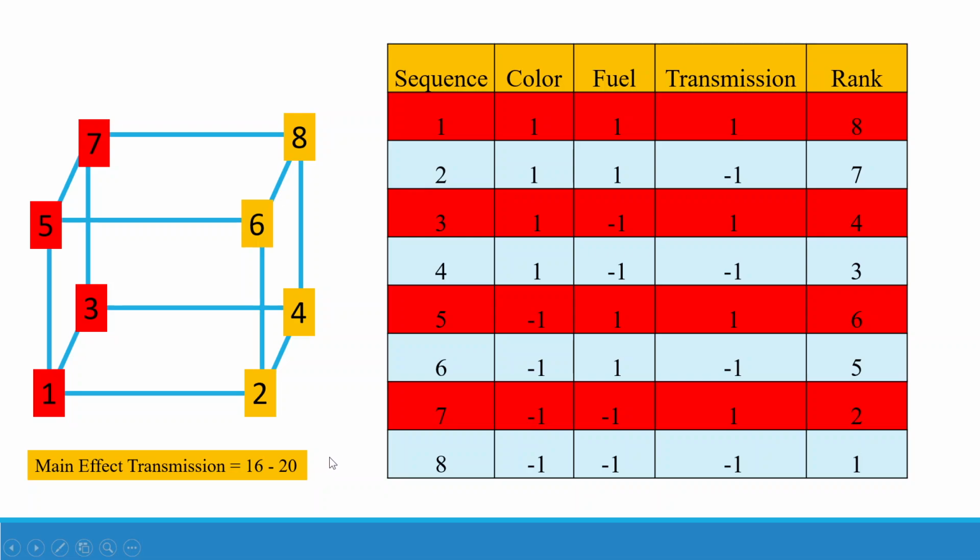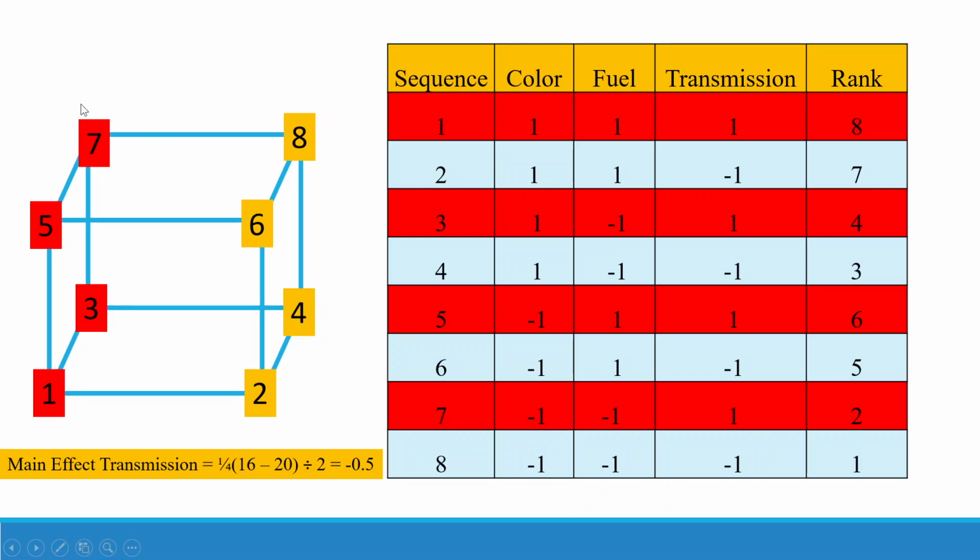So 16 minus 20, and the main effect of the transmission is 1 by 4 times 16 minus 20 divided by 2. Why 1 by 4? 1, 2, 3, 4. Because two different types of transmission are there.